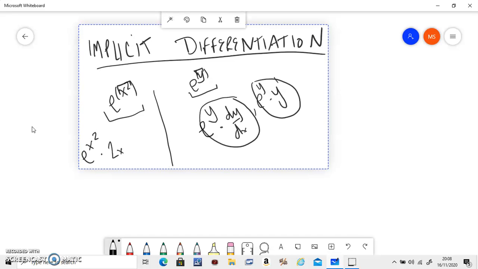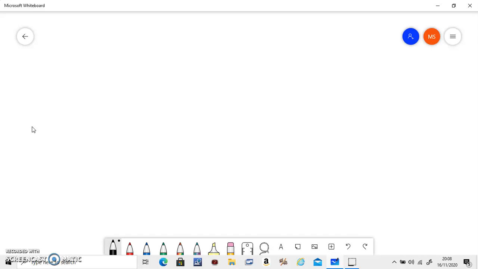So let's just do a bit more. Now what if I give you a problem, say x plus y squared equals 3x squared. And the question here is, use implicit differentiation to find dy by dx, or y prime. They mean the same thing. So what you should do is apply the rules the same way.